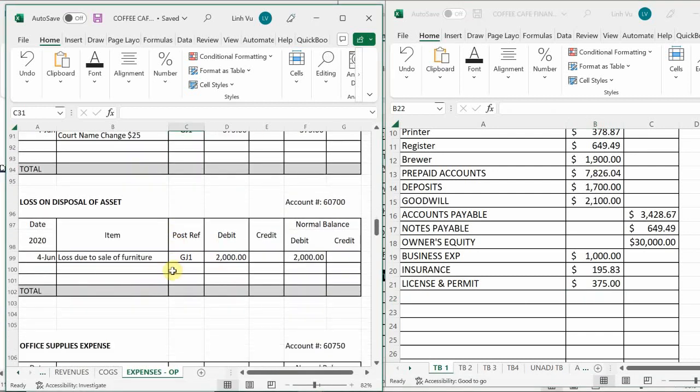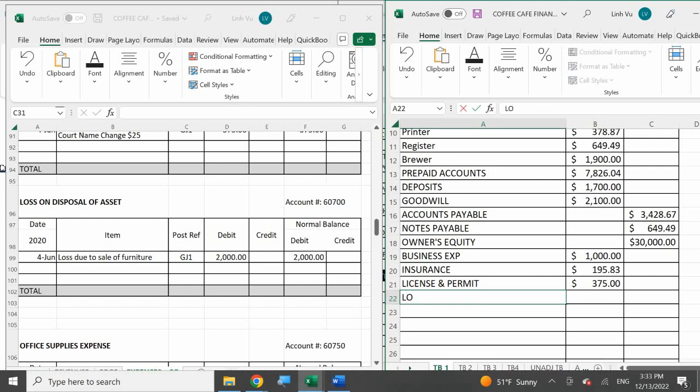We had incurred a loss on disposal of assets. Or I put loss on asset, right? Because it doesn't matter what you want to put here, as long as you know what that account is. So you can't take shortcuts here. So again, I lost $2,000.